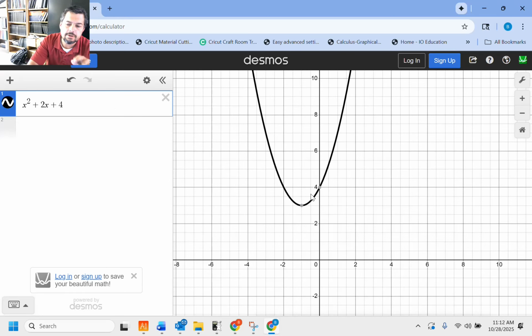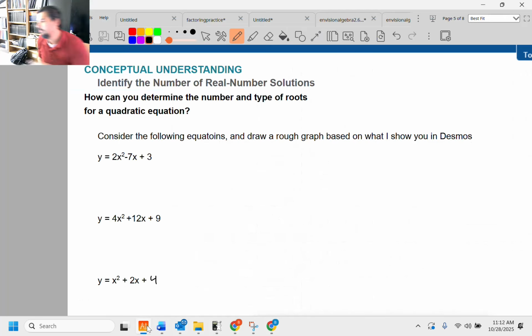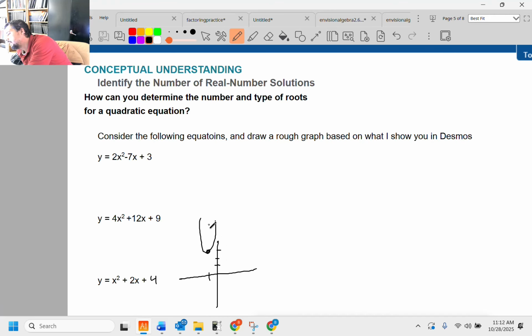You'll notice this doesn't cross the x-axis, so therefore it has no real solutions. That's the big thing. It had a vertex at, looked like -1, 3. And it looked like that. So it does not cross the x-axis. Therefore, there are no, and the emphasis is on real solutions.